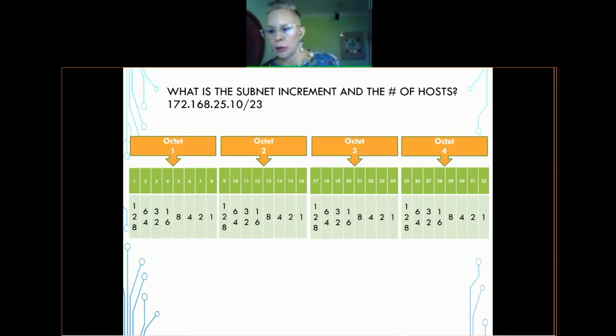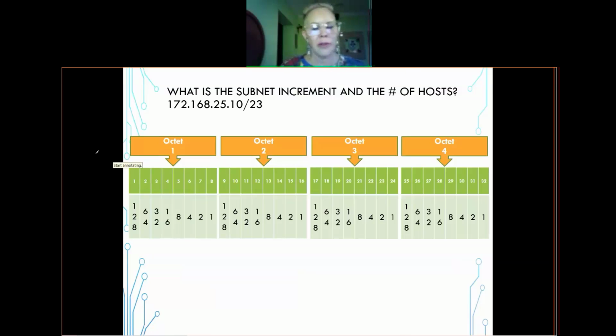So you might have to do a little binary here, right? So let's find the network.